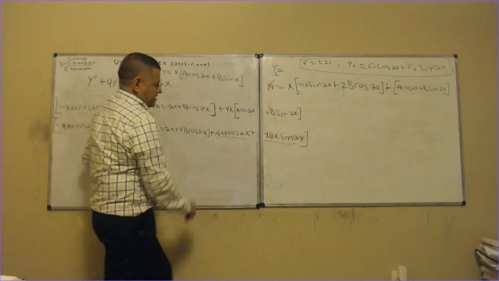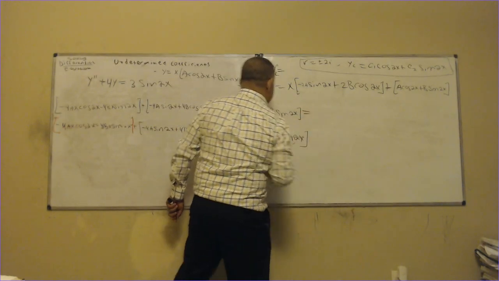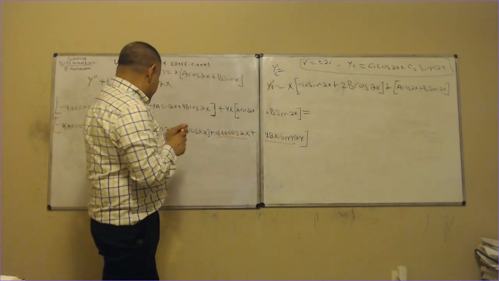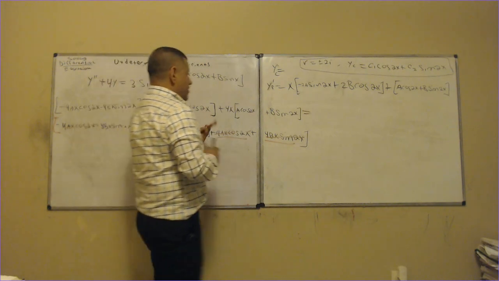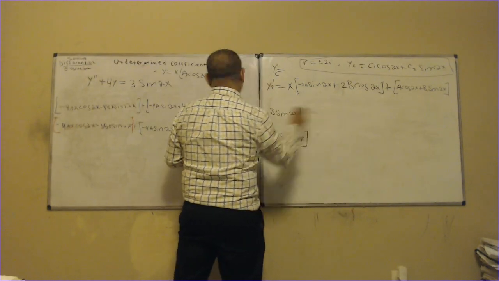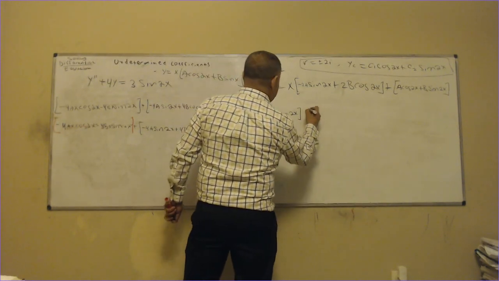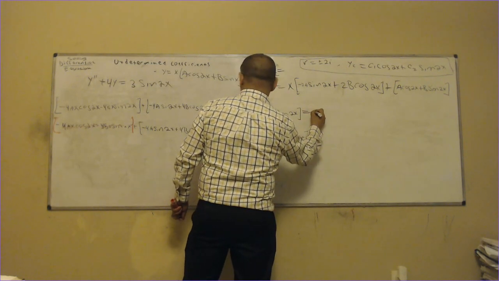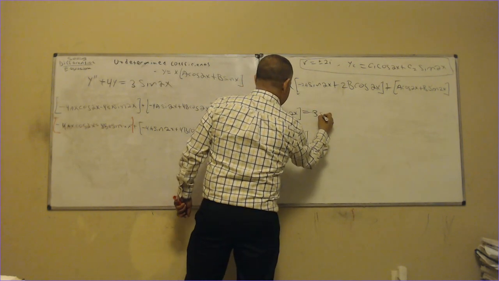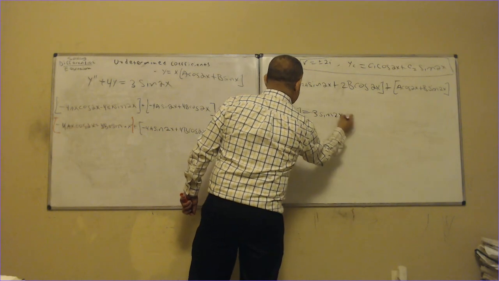All I have right now is this. That's it. And notice that I didn't put it there, but I am just doing the work right now. But this is equal to the right side, which is sine of 2x.